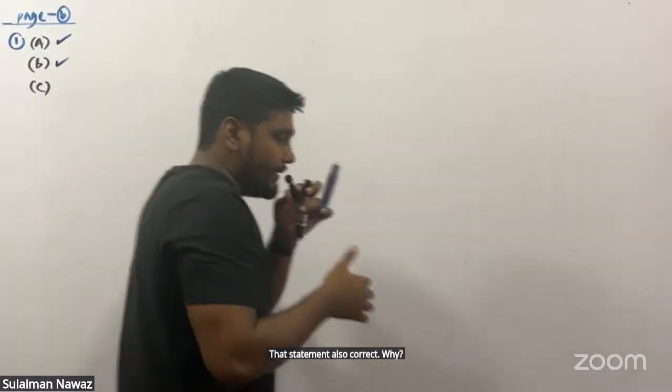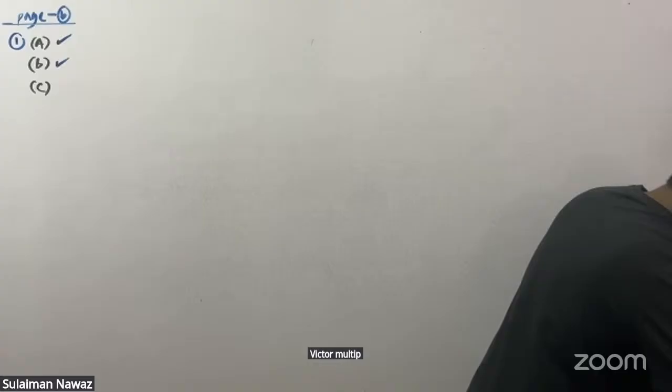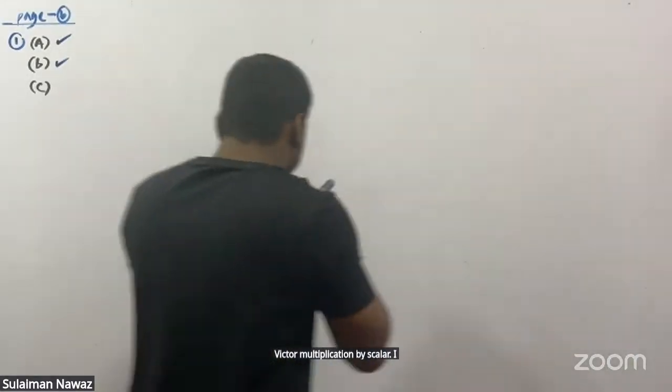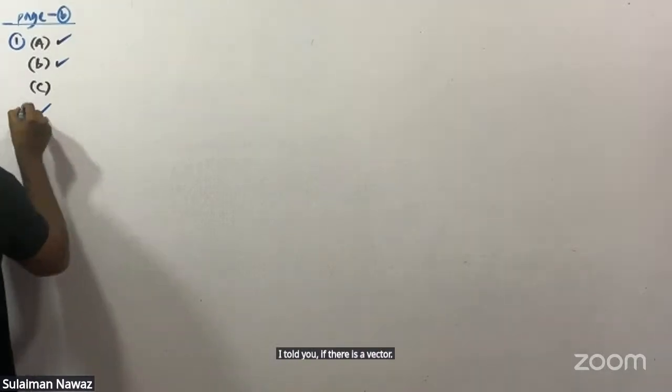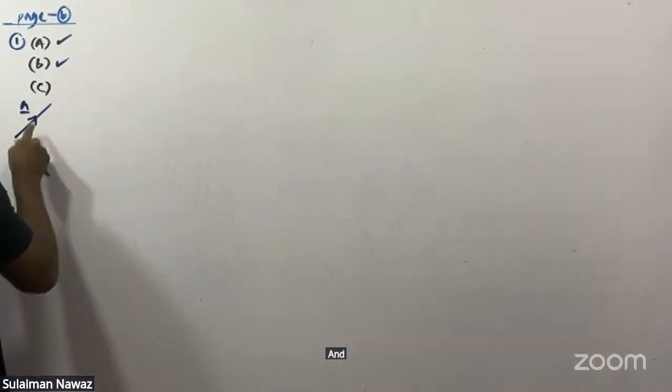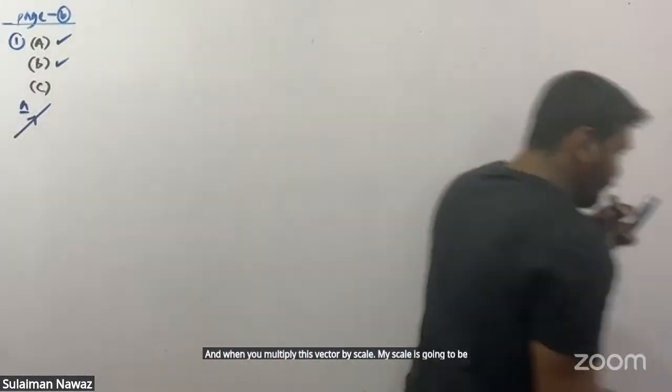That statement is also correct. Why? Because in the theory class I explained vector multiplication by a scalar. If there is a vector, let's say vector A, and you multiply this vector by a scalar, my scalar is going to be capital K.